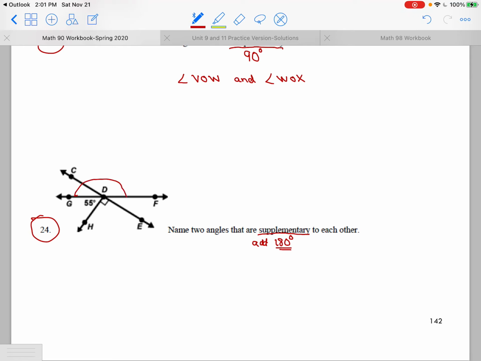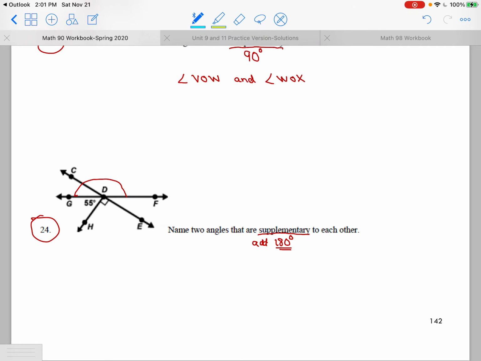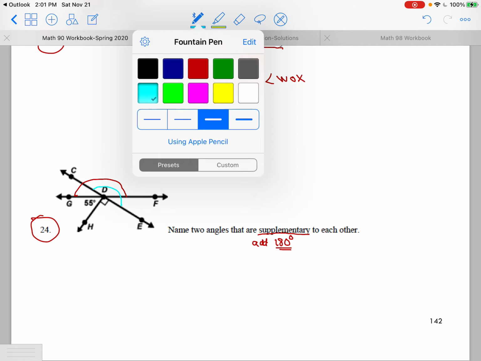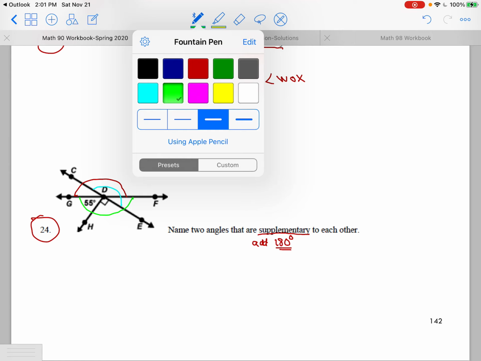This is kind of the fun part of it. Maybe it's fun for me, maybe it's frustrating for you guys, but that's one option. Here would be another option. Let's use a different color. Here would be another option. There's three angles there that we could add together that would be supplementary to each other. There's actually three there that create that 180 degree or straight angle.